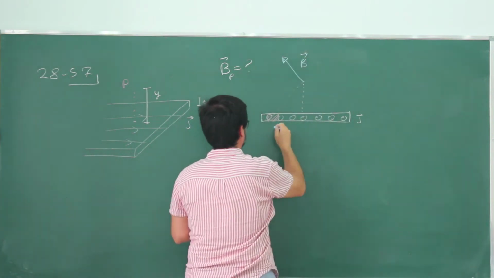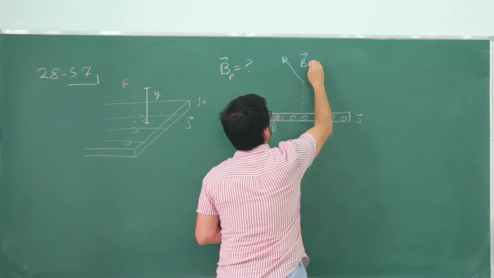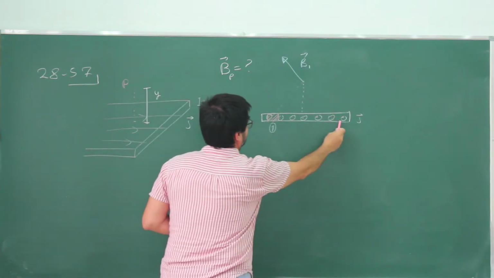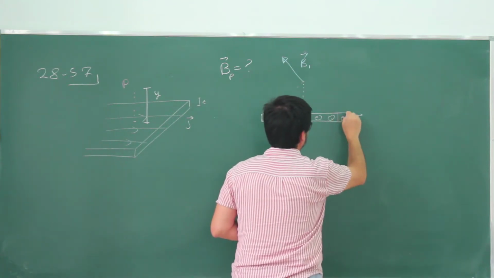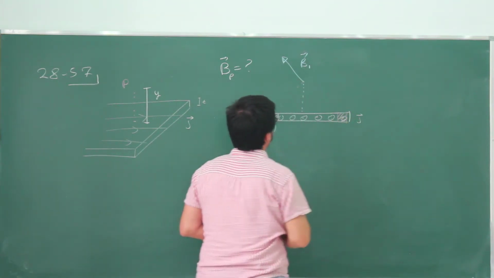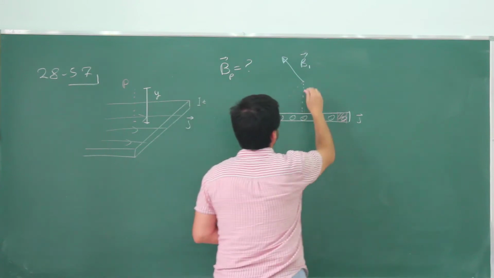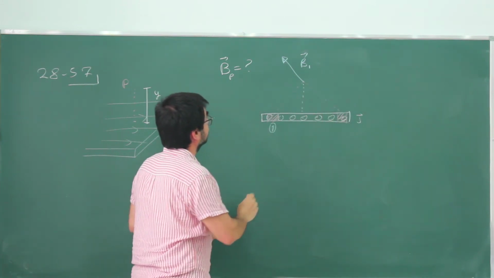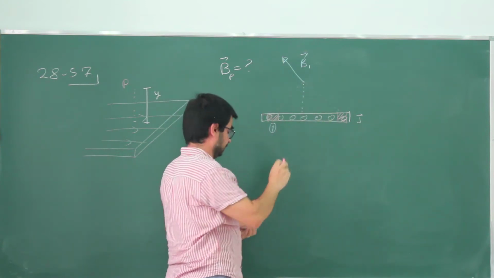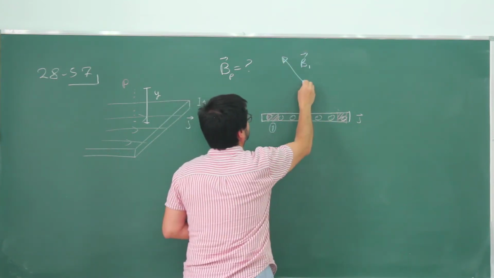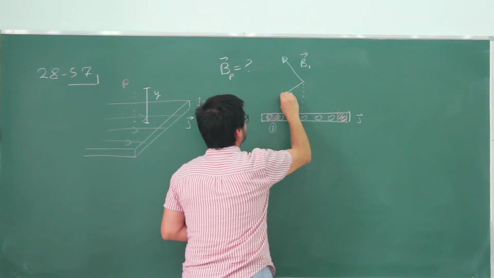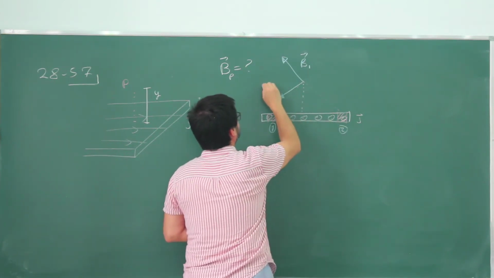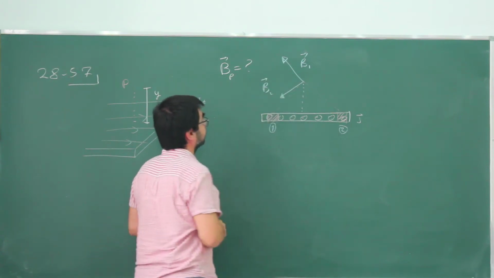Let's call this segment 1, and this is B1. There is a corresponding symmetrical counterpart that looks like this. This is of course a horrible drawing, because it looks like it's the extension of that one, which is not necessarily so. If I call this segment 2, it is going to produce a magnetic field this way.